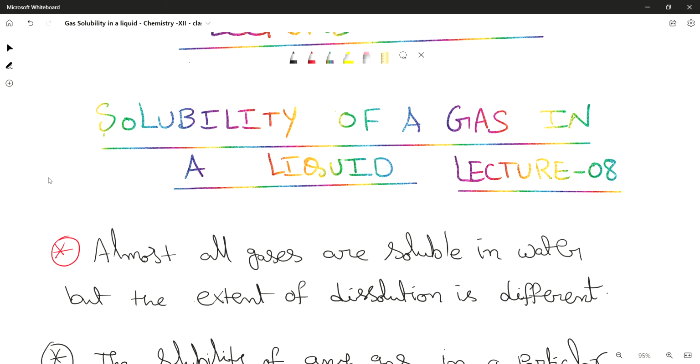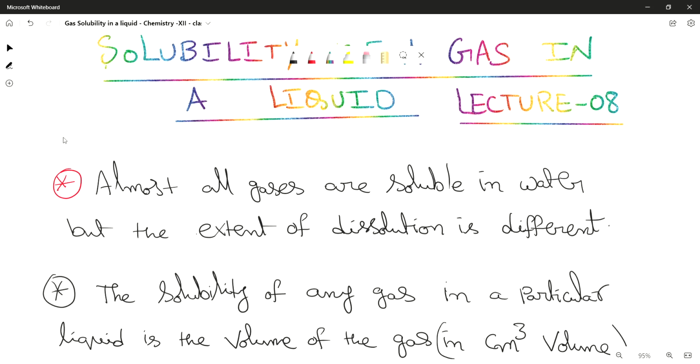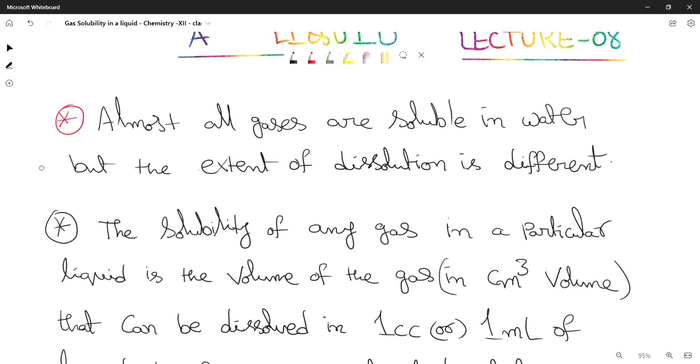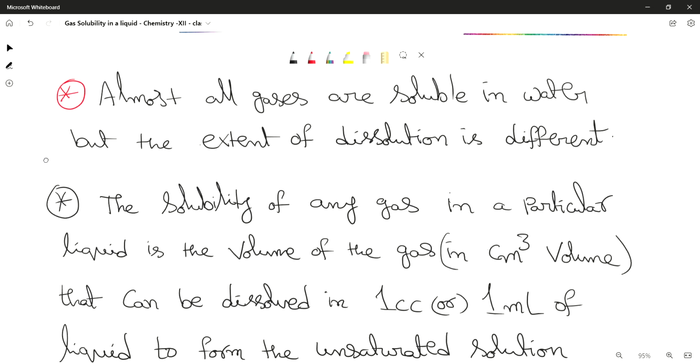Now this is a very small topic I am discussing in this video. Almost all the gases are soluble in water, but the extent of dissolution is different for different gases.